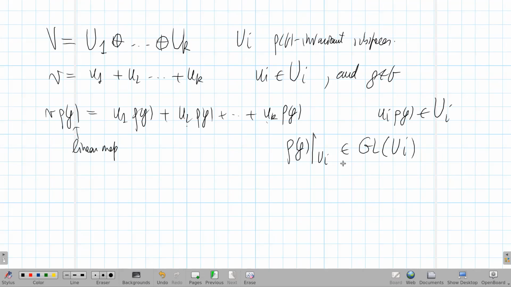It's a map from Ui to Ui, which keeps being invertible for the reason that we'll recall in a second.